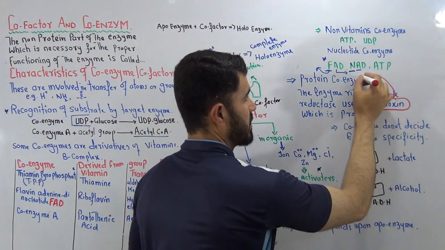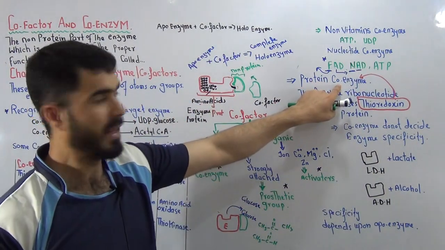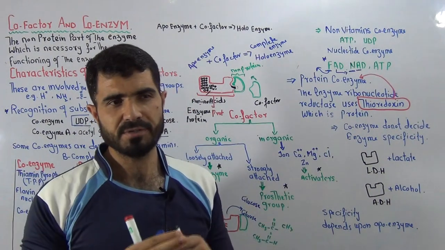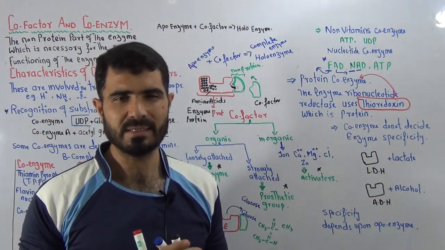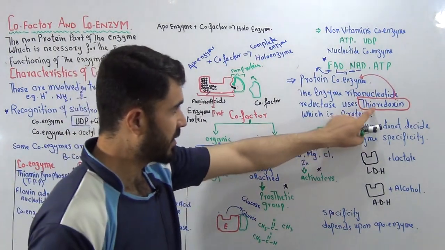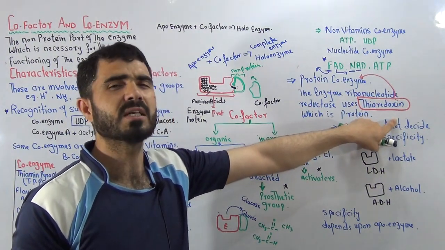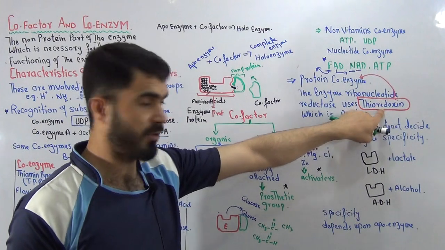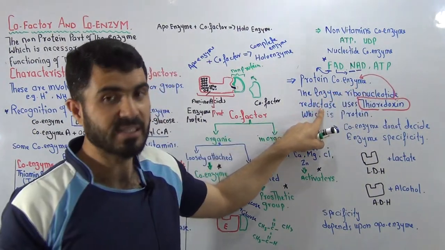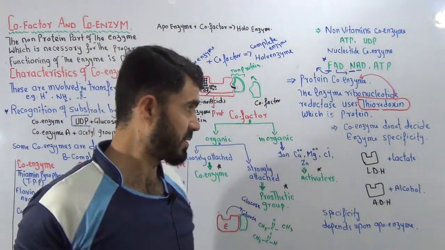Thioredoxin is a coenzyme, but it is a protein. So it is an exceptional case. You can say that not 100% of coenzymes are non-protein, but there is one coenzyme which is itself a protein, that is thioredoxin. And what is the name of the enzyme which uses this thioredoxin? Ribonucleotide reductase. You can just memorize it.